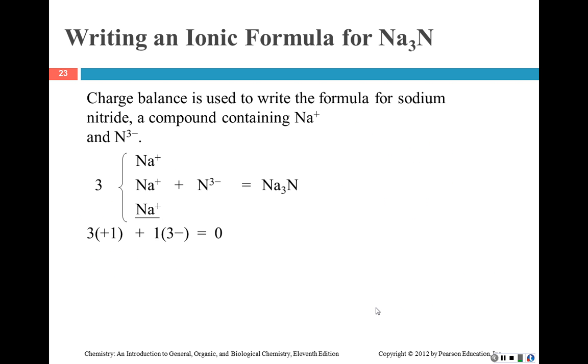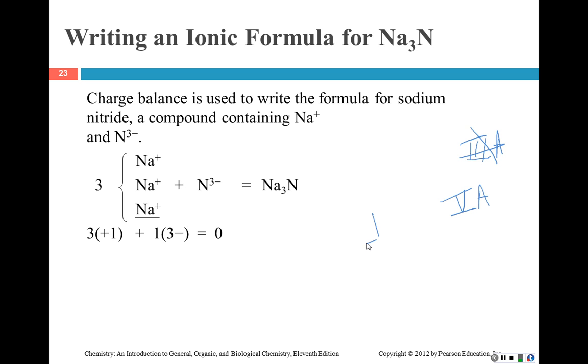Same thing with Na3N. If you're going to put sodium and nitrogen together in a compound, nitride is a 3- because it's in group, what, 3A? Nope. If nitrogen is going to have a -3, which group is it in? 5A. Okay, look at your periodic table.